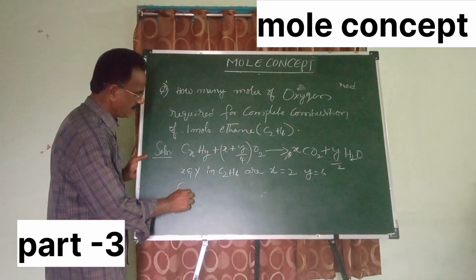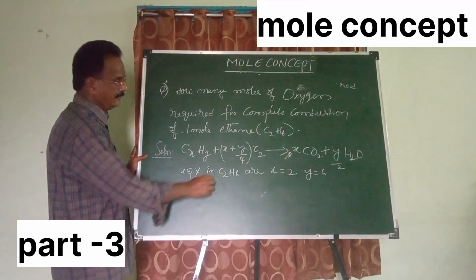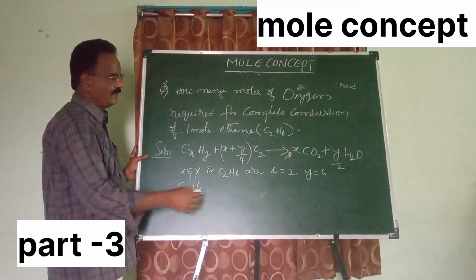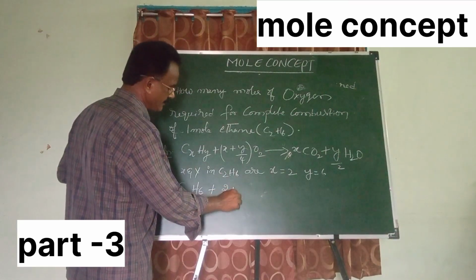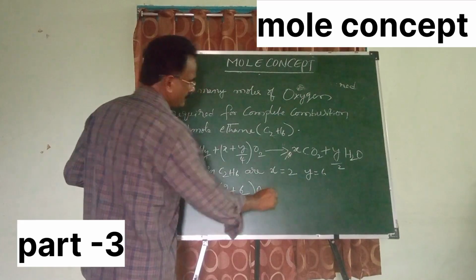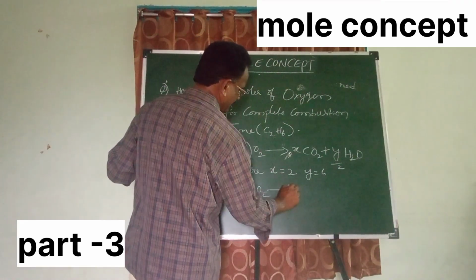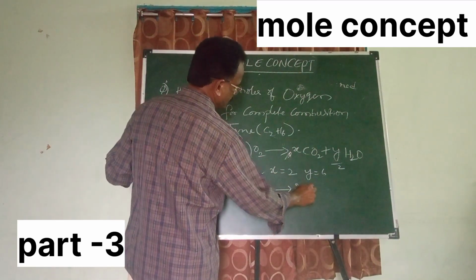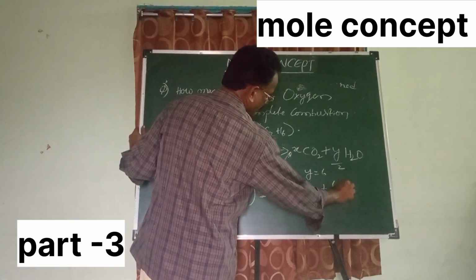Here, instead of x I am writing 2, and instead of y I am writing 6: C2H6 plus (2 plus 6 by 4) O2 gives rise to 2CO2 plus 6 by 2 H2O.